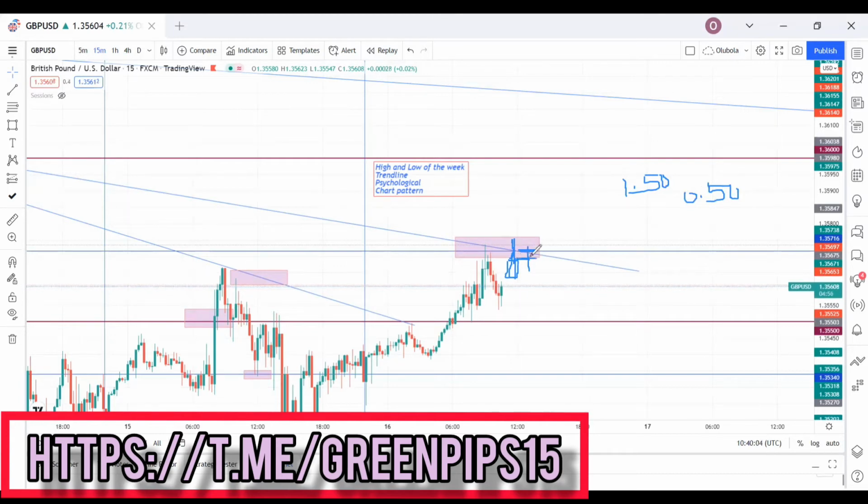At this point, I go into the trade with 0.50. My stop loss is here. If this market keeps pushing up, when it pushes up again, then it's ending another weak rejection. I come in with 0.50 again.